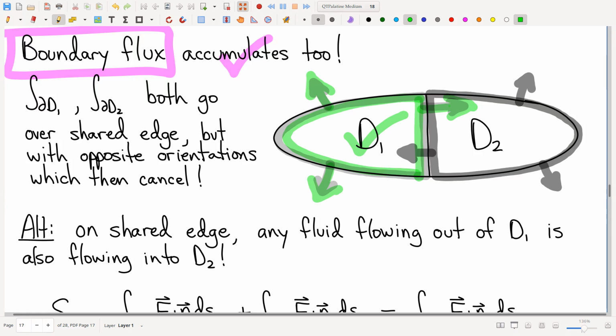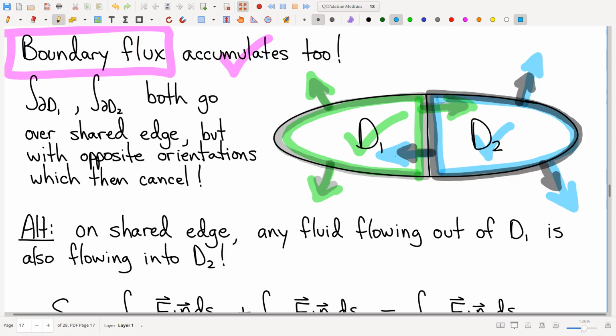Okay, now let's look at D2. D2 has a piece of boundary that looks like that, another piece of boundary that looks like that, and outward on those looks like this. And again, I emphasize, as part of the boundary of D2, outward is that way, away from D2, the thing we're looking at the boundary of.